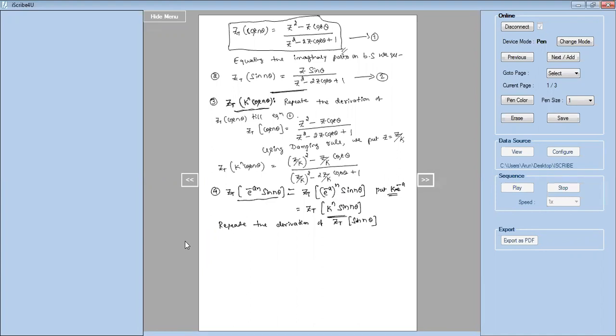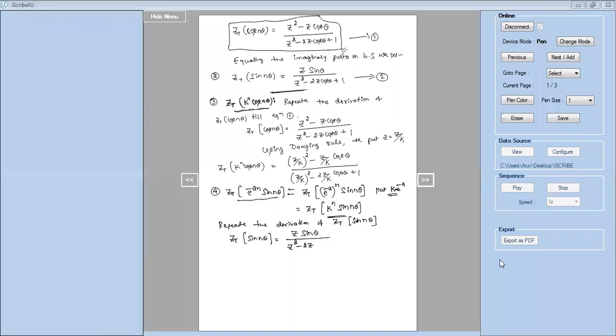So when you repeat it, you get the Z transform of sine n theta is equal to, this we have already done, it is Z into sine theta divided by the denominator Z square minus 2Z cos theta plus 1. So the Z transform of sine n theta we have already derived. I'll use that formula. The Z transform of sine n theta is Z sine theta by Z square minus 2Z cos theta plus 1.